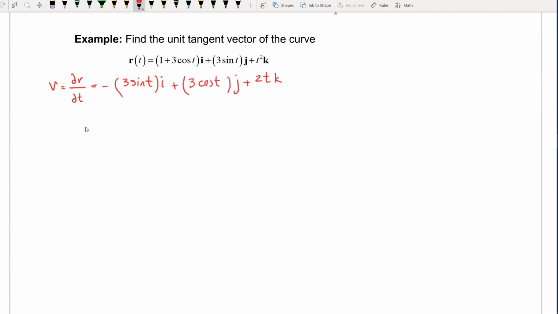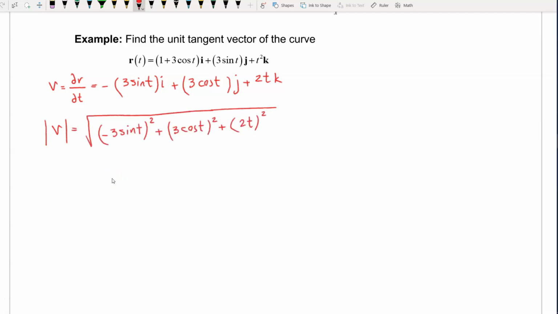And the next step, finding the length of the velocity vector v, is equal to the square root of negative 3 sine t squared plus 3 cosine t squared plus 2t squared, and this is equal to the square root of 9 sine squared t plus 9 cosine squared t plus 4t squared.